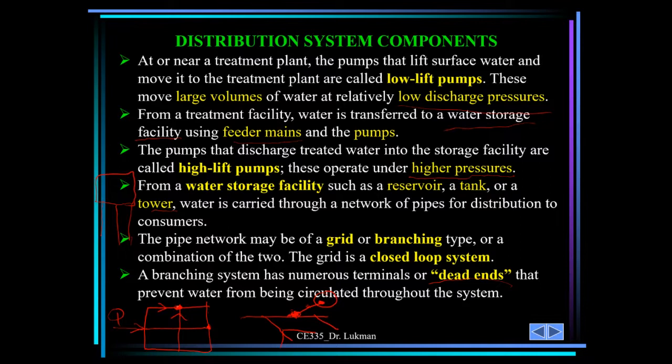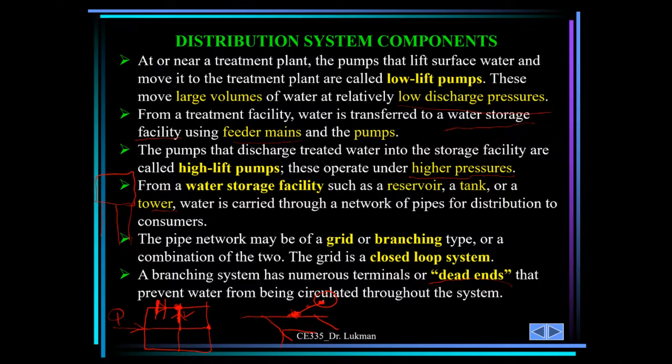Whereas if you look at this node, if this pipe is taken out for repairs, this node will receive water from this pipe. So the node will not be without water at any point in time.